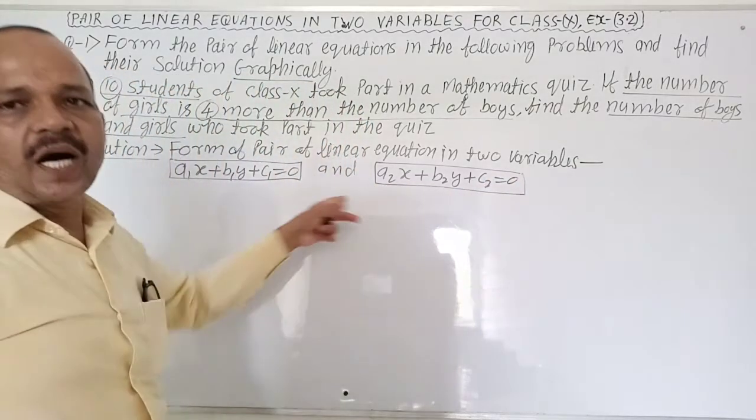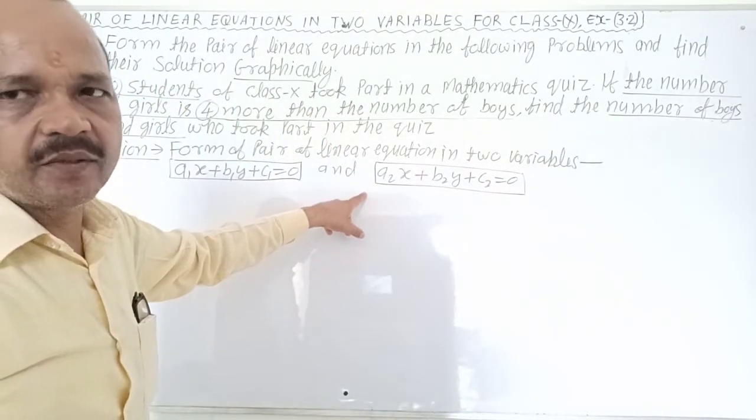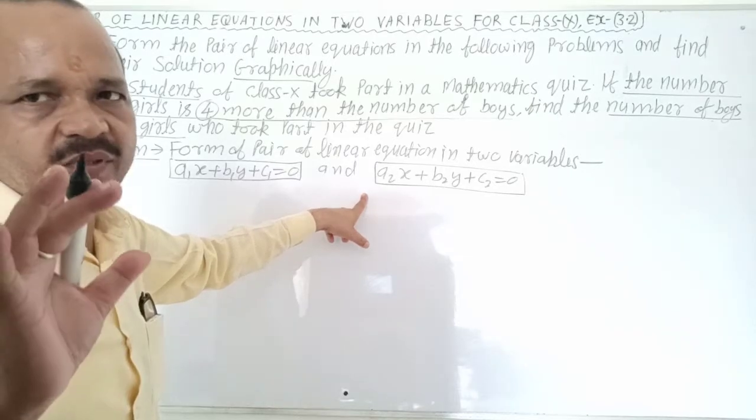It is the form of pair of linear equations in two variables. It is clear, no confusion about it.